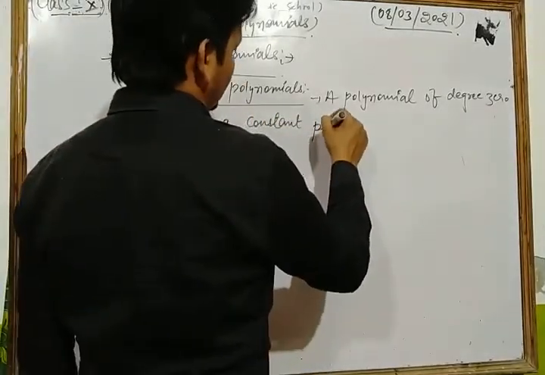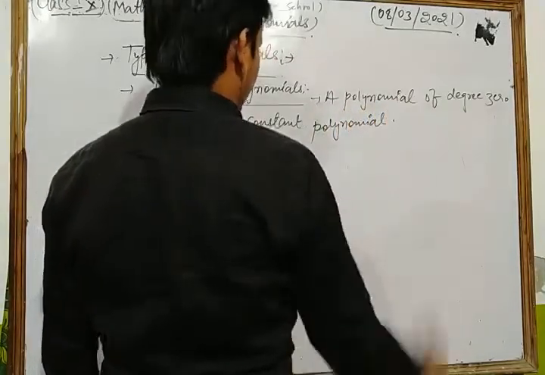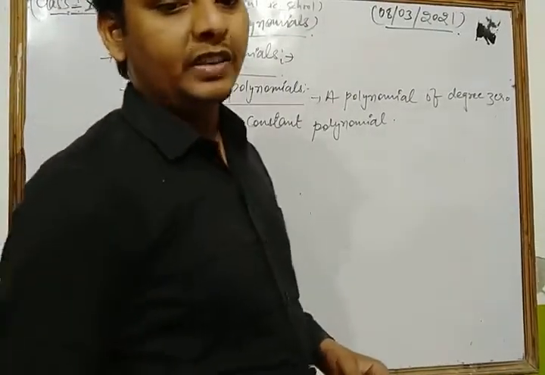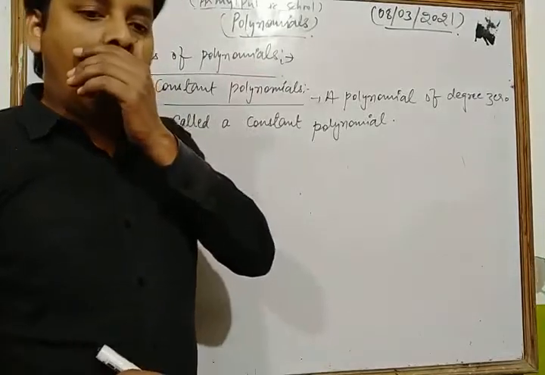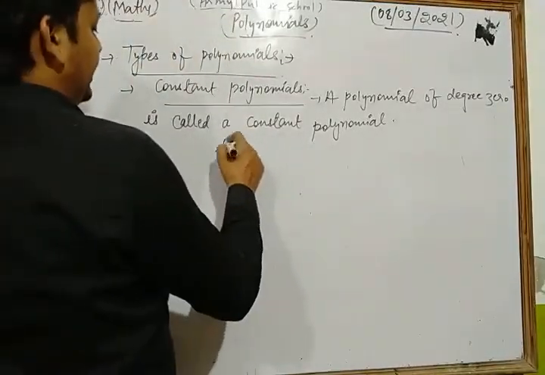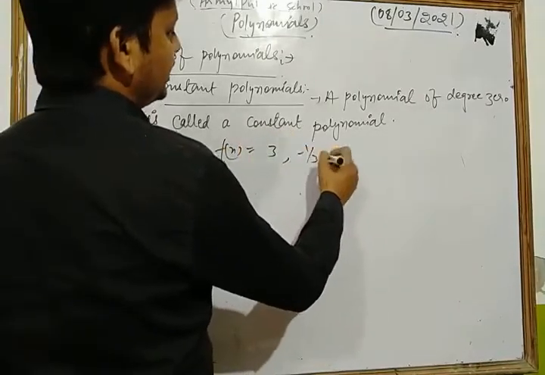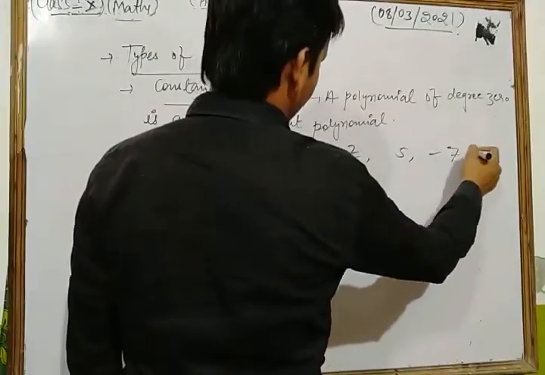For example, if we take polynomials like 3, minus 1 by 3, 2 by 3, 5, minus 7, etc.